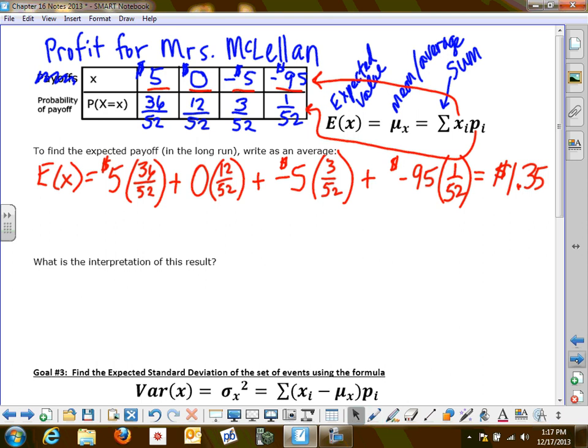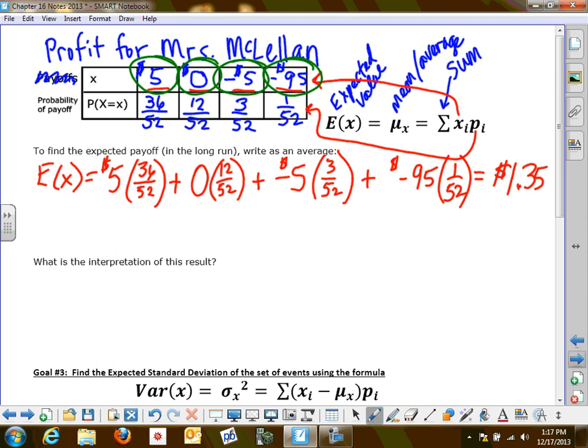So my question is, how is this saying I make $1.35 per play when I can just make 5, 0, negative 5, or negative 95? Good. $1.35 is the average per play.